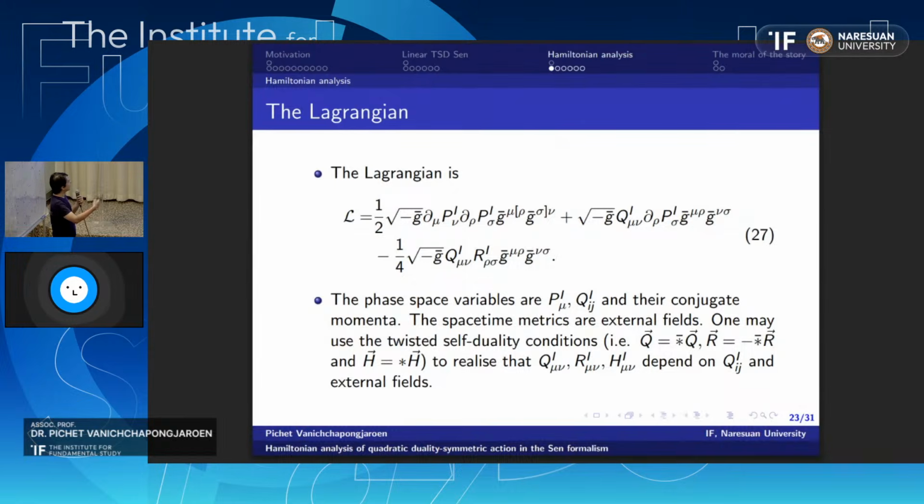So we have to trade away the 0i components, basically. Okay, and the space-time metrics, I mean the unphysical metric G bar and actually the physical metric, are hidden in R, in big R here. So these space-time metrics are external fields.